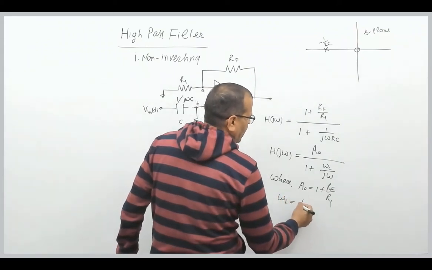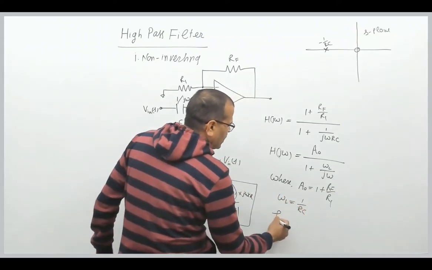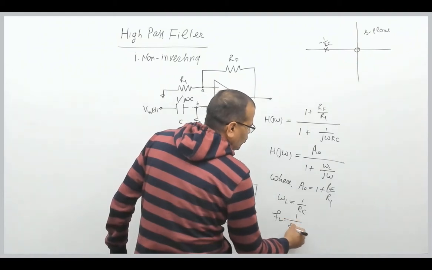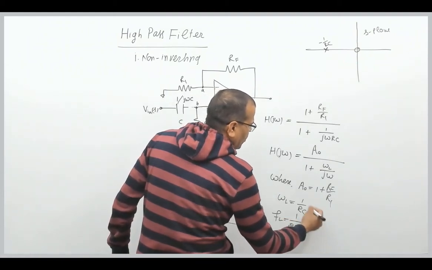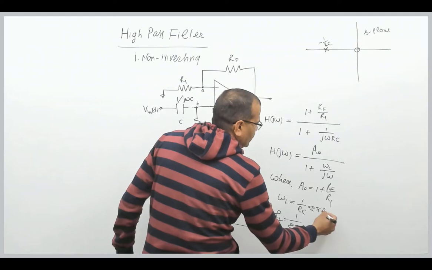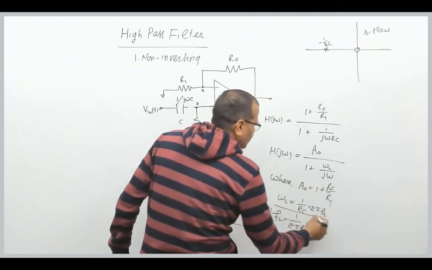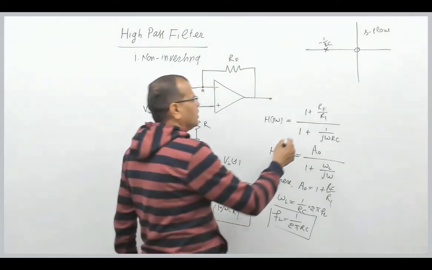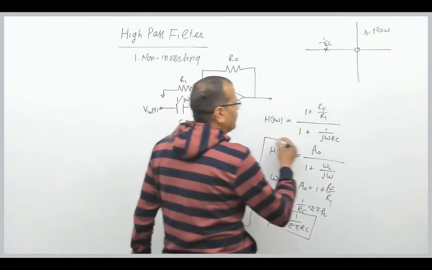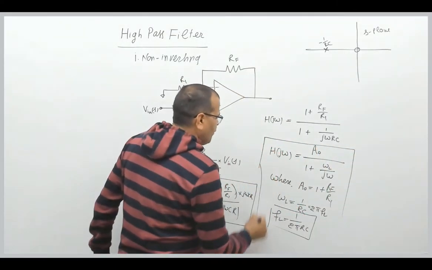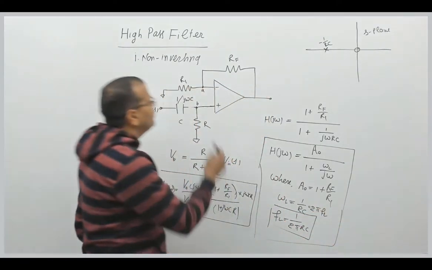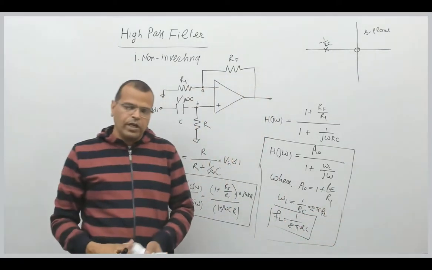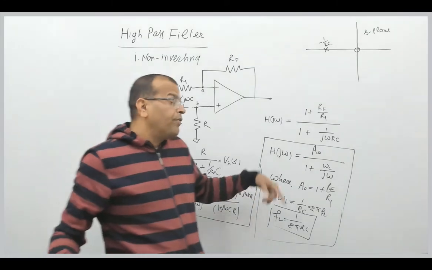That is 1 by RC, or I can say FL is equal to 1 by 2 pi RC. Why? Because this is 2 pi FL. So that gives me the frequency, which is nothing but the lower cutoff frequency of the high pass filter. So this is the transfer function of your first order high pass filter in frequency domain.